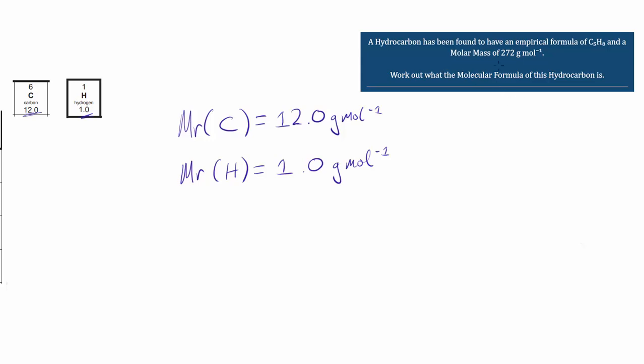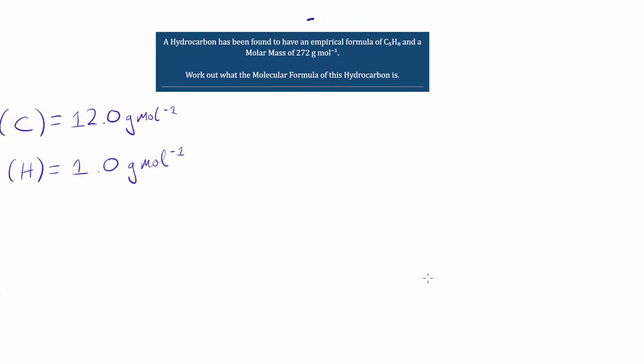Okay, so effectively what I'm going to do with these values is get the number of each of these, so the number of carbons and the number of hydrogens, multiply those by their molar mass, and then sum that for each of the elements. So that's going to be 12 multiplied by, here we've got a coefficient associated with the carbon of 5, right?